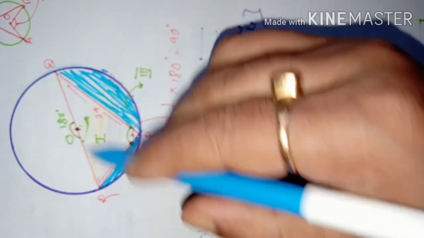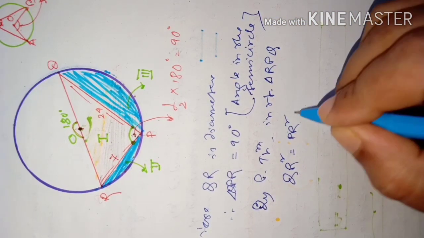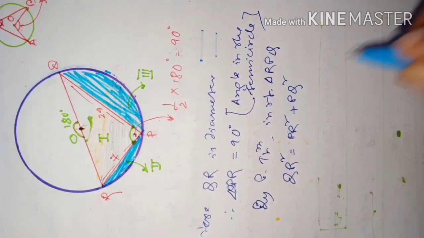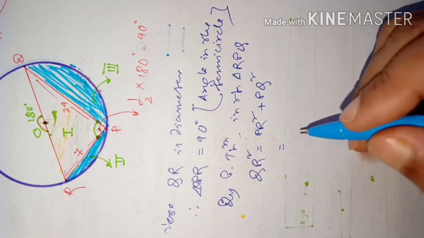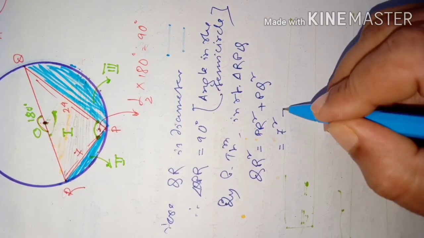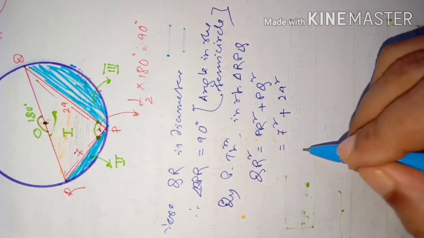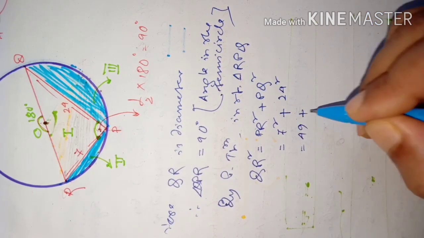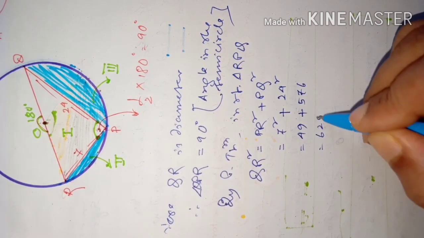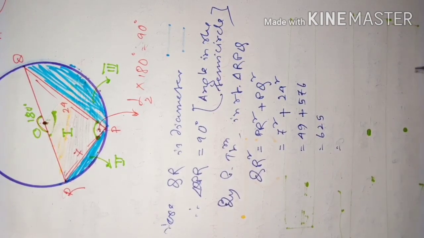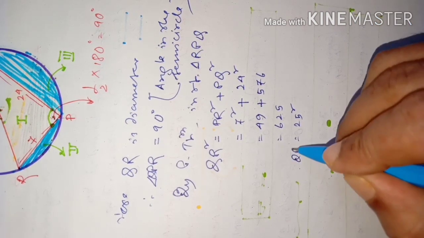So QR square equal to PR square plus PQ square. PR is 7 plus PQ is 24, that is equal to 49 plus 576, that is equal to 625, adding these two numbers, and 625 is 25 square, so that way you get QR square.